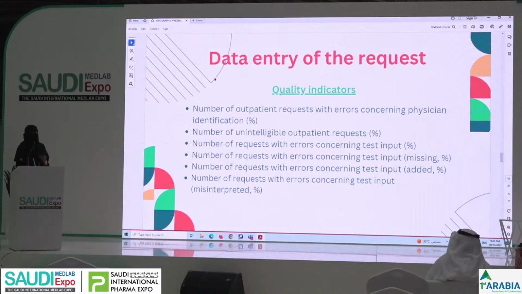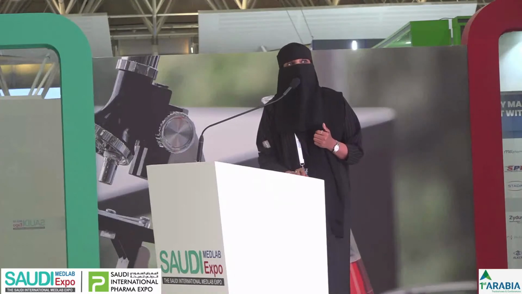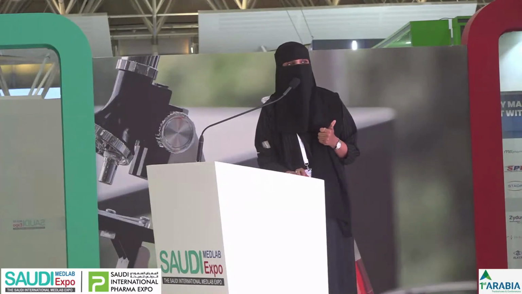That will not add any value if we do only this test. So, as lab experts working on the diagnosis of a specific disease, we need to add more than what was requested in the request form to give a valuable and complete diagnosis and a good picture for the physician. This is also considered a preanalytical error that affects quality, and we need to count it to track the quality performance in the laboratory.